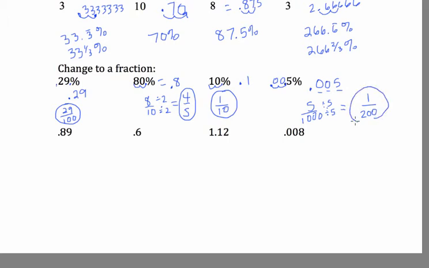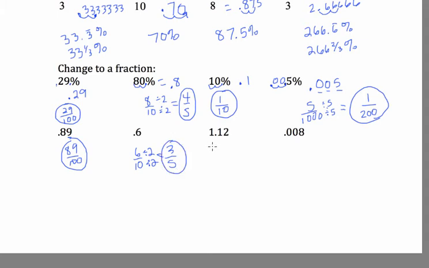So I get 1 over 200. 0.89, that's 89 hundredths. Again, look at the place value here. That's the hundredths place. So I have 89 hundredths. Reduce if you can. 0.6, this is in the tenths spot. So that's 6 tenths. Reduce to 3/5.